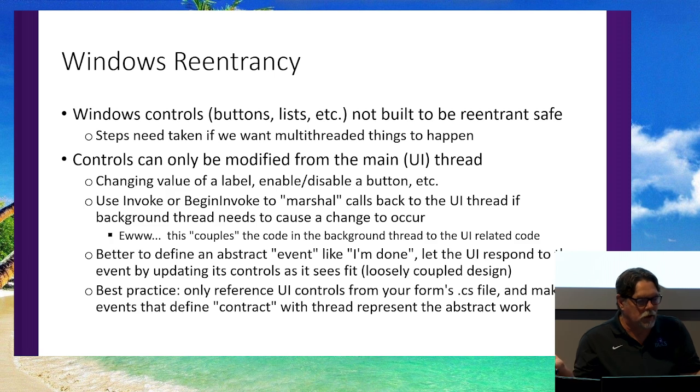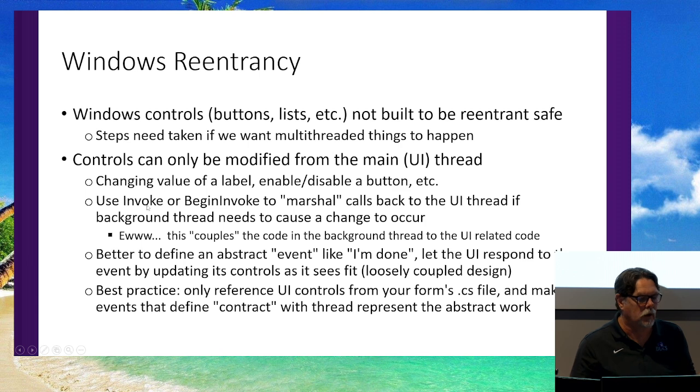Last semester, when you were writing a program that just has a bunch of buttons on it, and when you click the button, it runs some code, and when it's finished, you click another button, you didn't have to worry so much about modifying things from non-main UI threads. But in the kind of stuff that we want to do now, you are going to have to worry about that.